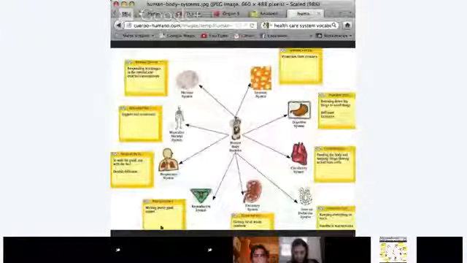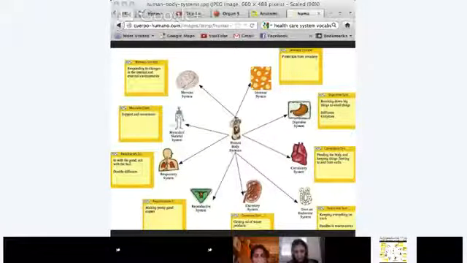Okay, the next system is the reproductive system. The description that this picture gives is making pretty good copies. Your reproductive system helps you reproduce, not copies of yourself, but children who may or may not resemble you. That is the job of the reproductive system.